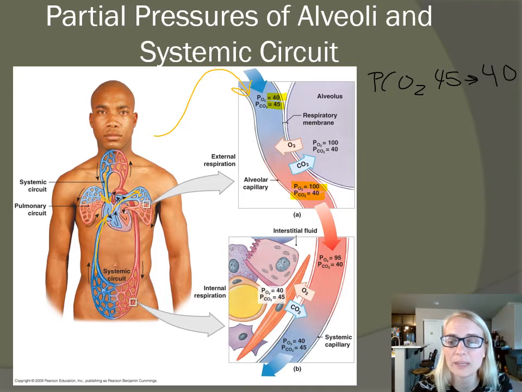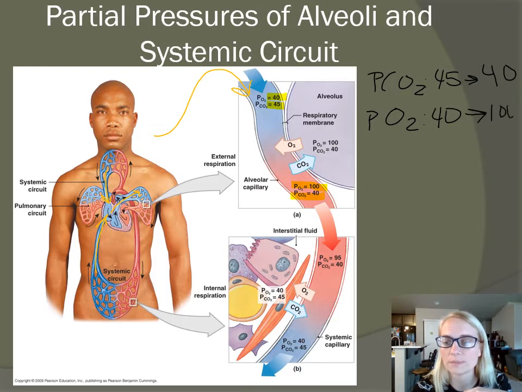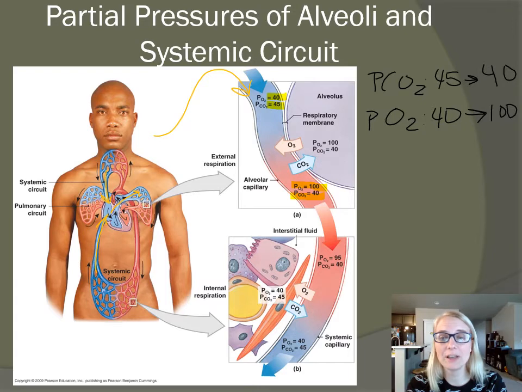And then the blood coming in, the PO2, comes in at 40 and leaves at 100. Okay, so we have a difference here. If we take a look at just the carbon dioxide, it comes in right next to the alveoli with a partial pressure of 45 and leaves at 40.